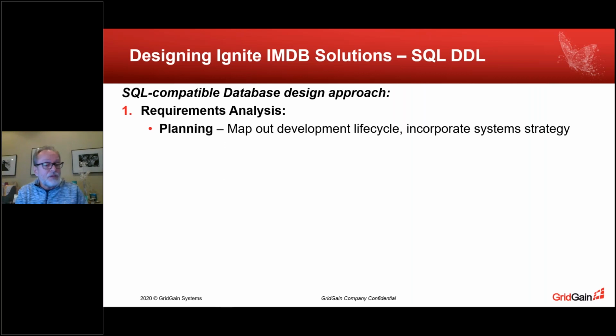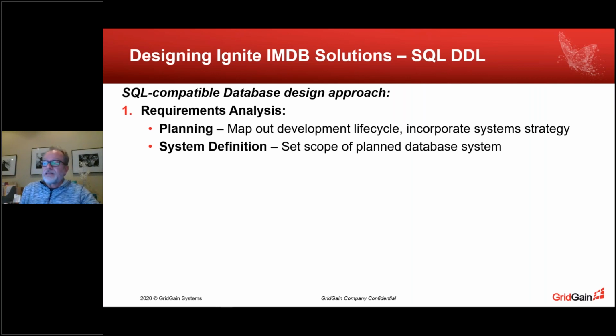A little bit of that is maybe you take an Ignite development course, a training course, and what are your system strategy approaches? How does Ignite fit into that? The big thing for me is, what's the scope of what we're building here for your database? Are we talking about the HR schema? Are we looking at that business area? Are we looking at finance? Are we looking at ordering? What is the scope of our planned database?